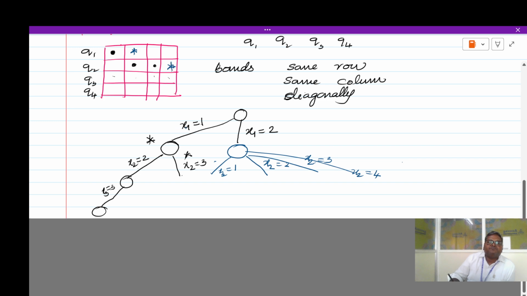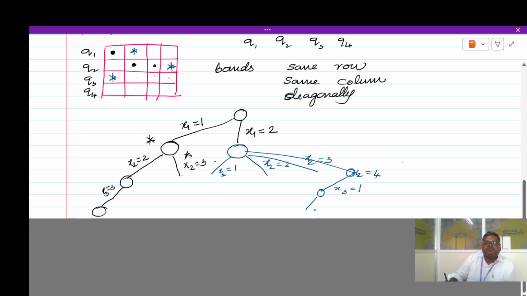So here I start. Once we do that, again x3, option 1, and you cannot keep it in 2, you cannot keep it here because it's diagonal. So the only option we have for x3 is 1. Once it is placed here, now x4 you cannot place in first, you cannot place in second because it is diagonal, and you cannot place in 4.